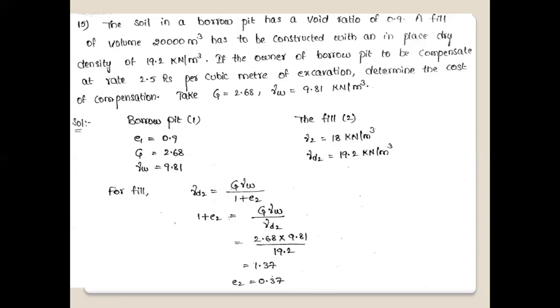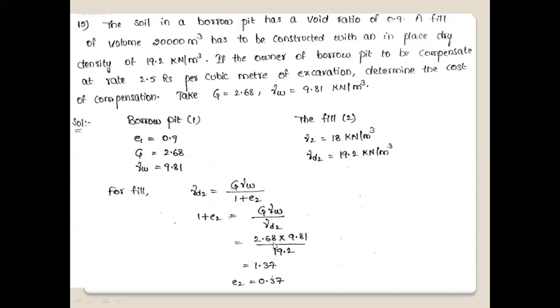Dry density gamma D2 equal to 19.2 kilonewton per cubic meter for fill. Gamma D2 equal to G into gamma W by 1 plus E2. We know the gamma D2 value and G value, so we find out the E value. So 1 plus E2 equal to G into gamma W by gamma D2.